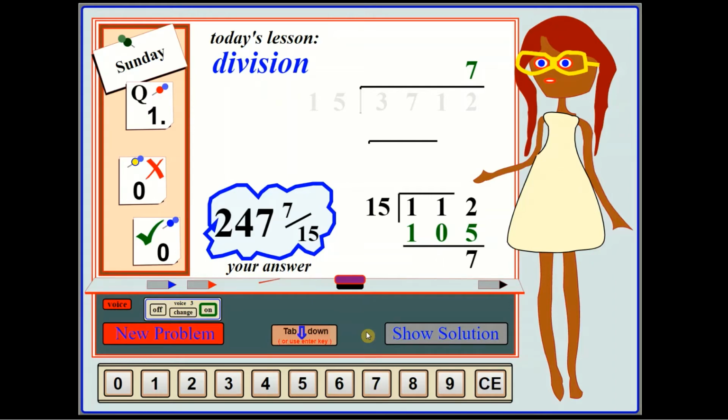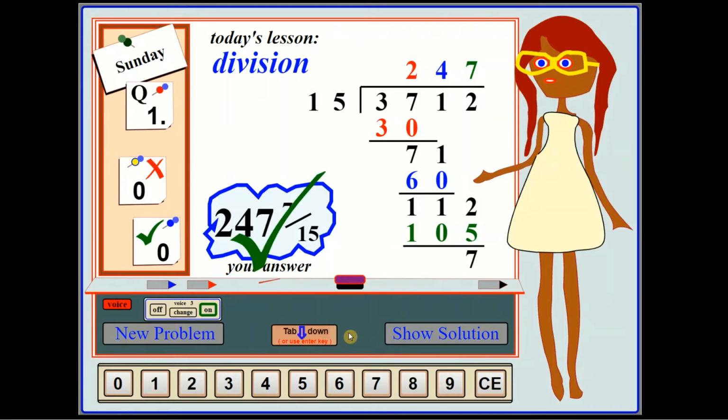Our final subtraction leads to the number 7, which is called the remainder. It is written as the top of the fraction in the final answer. Our complete working looks like this. Your answer is correct. Well done.